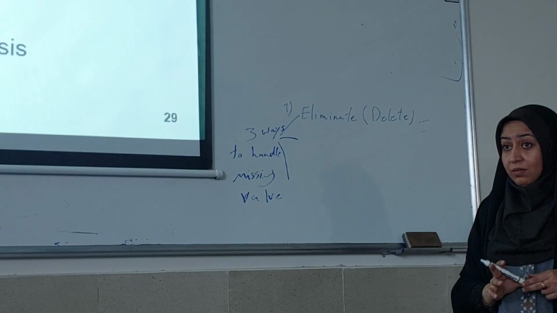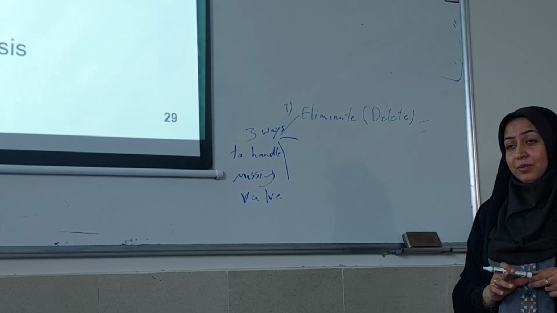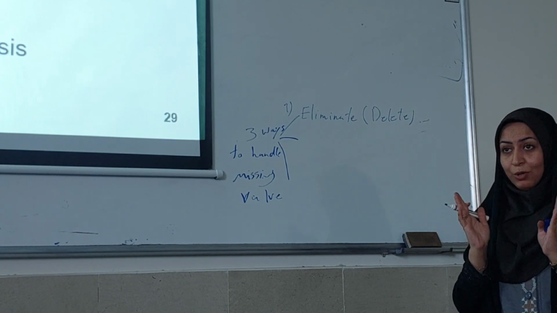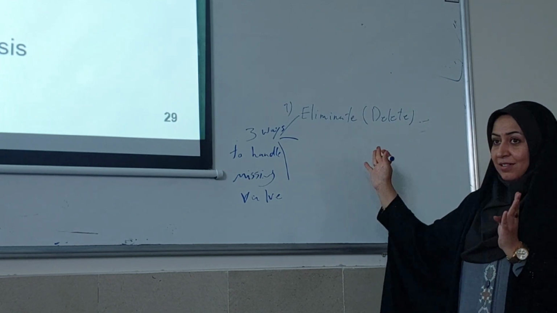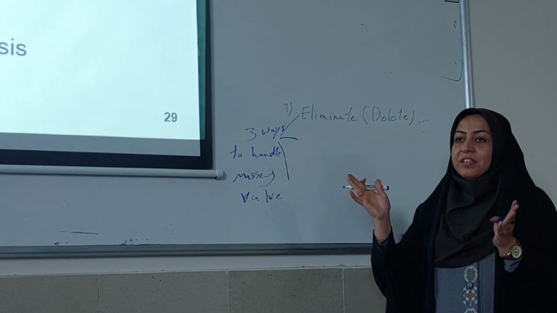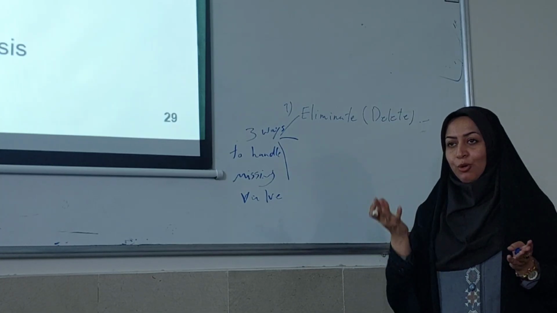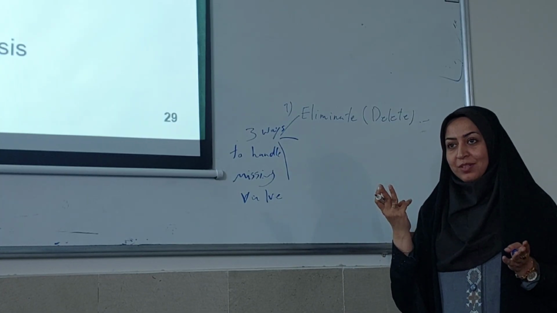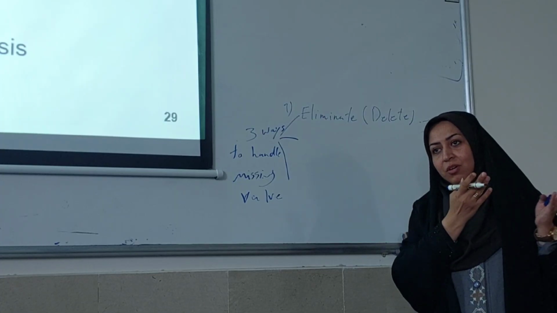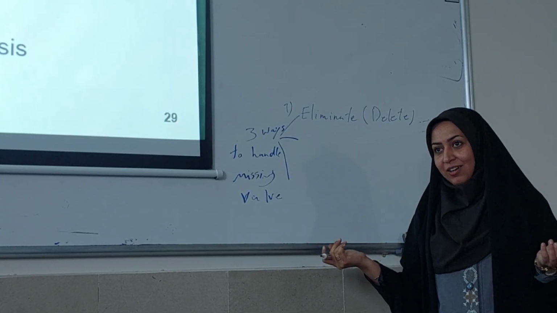If there is a lot of data, we can. For example, if we have data with 5 records and 3 attributes and we delete 2 records, I have no data left to mine.